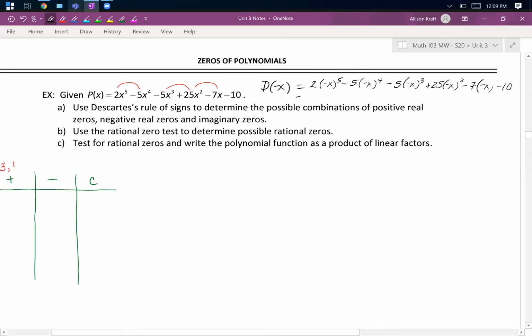So a negative raised to the fifth is negative times a positive 2, that's gonna be negative. Negative raised to the fourth is positive times a negative, it's gonna be negative. A negative raised to the third is negative times a negative is gonna be positive. Negative squared is going to be positive times a positive stays positive. Negative times a negative is positive. And then minus 10.